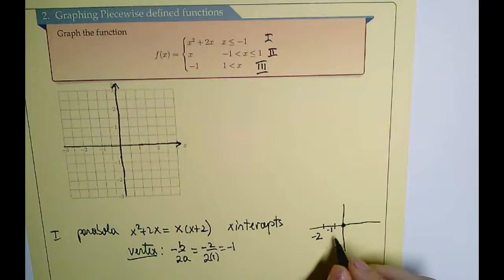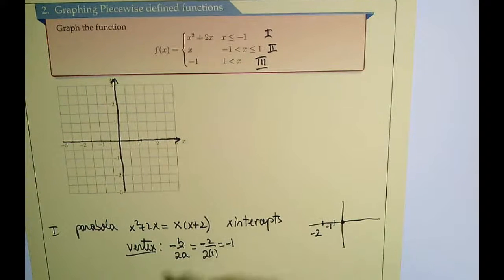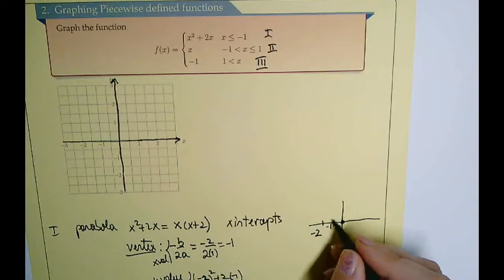The y value of the vertex would be the function evaluated at -1: -1 squared plus 2 times -1, which is 1 minus 2, so it's -1. So the vertex is at -1 for x, -1 for y.